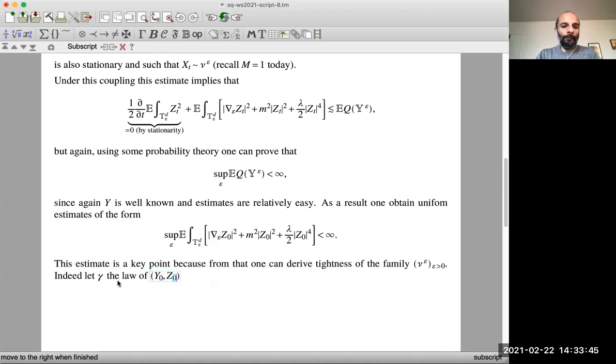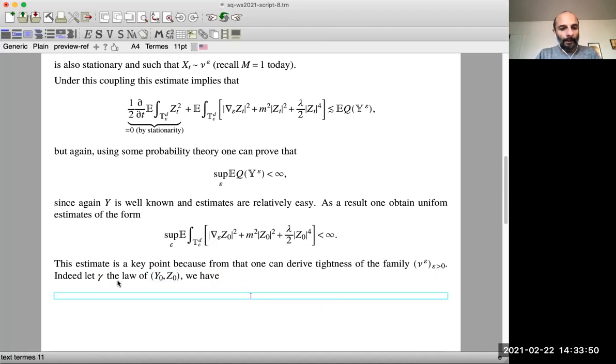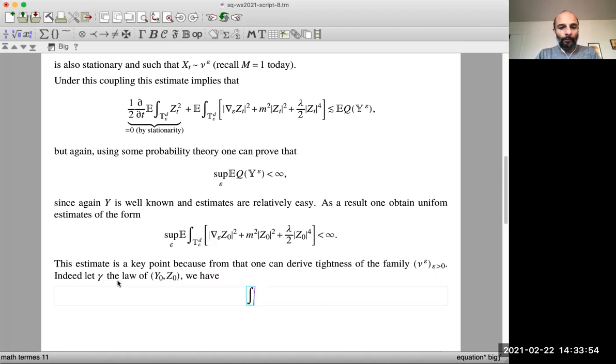So let me proceed in pairs, okay? For now, I want to control this law in the joint space. So gamma is the law of the pair, y and z. So let's call them psi for y and zeta for z, okay?